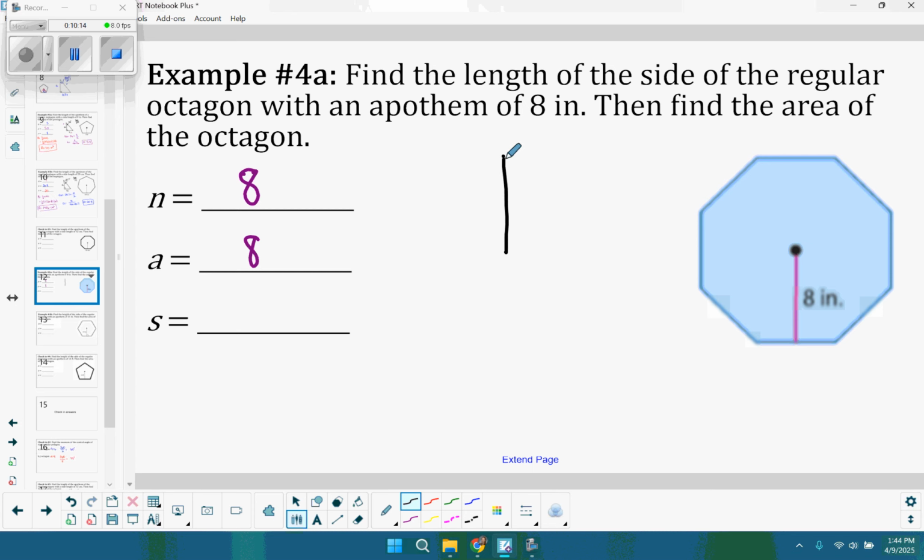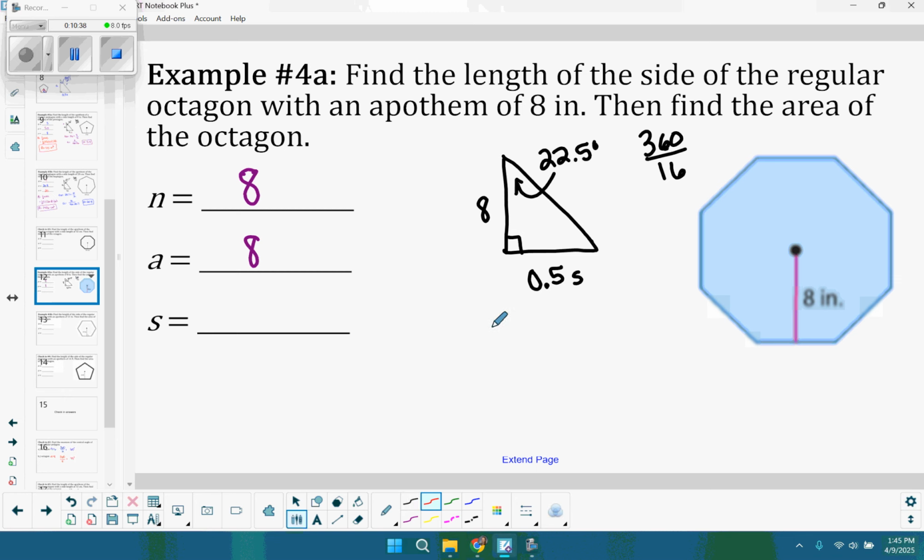When I make my right triangle, I now put 8 on the side where the A goes. And the bottom, since we don't know S, is going to be 0.5s. The angle is 360 over double the number of sides, so 360 over 16 will give me 22.5 degrees.